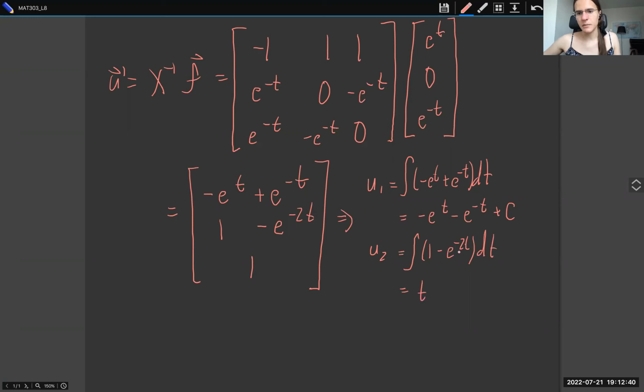Then there's a minus 2, so it's going to become a plus 1/2 e to the minus 2t, plus d. And then u3 is the integral of just 1 dt, which is t plus e.